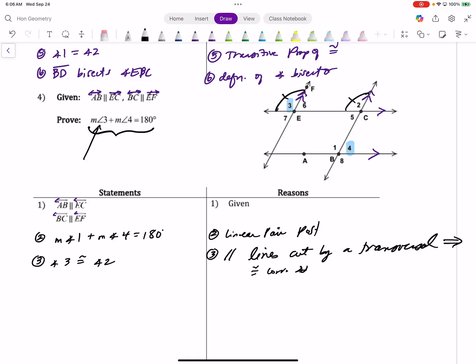Let's just go ahead and do it in that step, because I don't want to write that reason down again. Let's go angle 2 and angle 1 and put this all in the same step, because that's the exact same reason angle 2 and angle 1 are congruent. So if angle 1 and angle 3 are both congruent to angle 2, then we know that angle 3 is congruent to angle 1 by a transitive property.